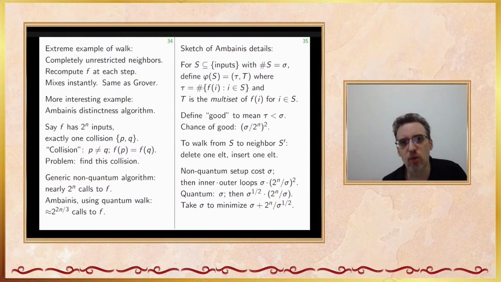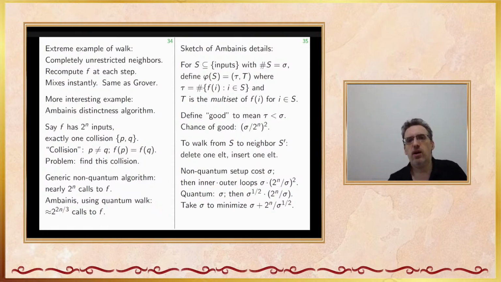And you can efficiently move from phi of S to phi of S prime, because when you remove something from S, you just compute the f value and then remove that from the multiset T. And while you're doing that, you can see whether the multiset said it was there twice, and that tells you whether tau is supposed to change. Similarly, when you insert, you do one evaluation of f and then adjust T and tau appropriately. It's just one evaluation of f, one change to the phi outputs, and then you're done. You don't have to run through all the other elements of S.